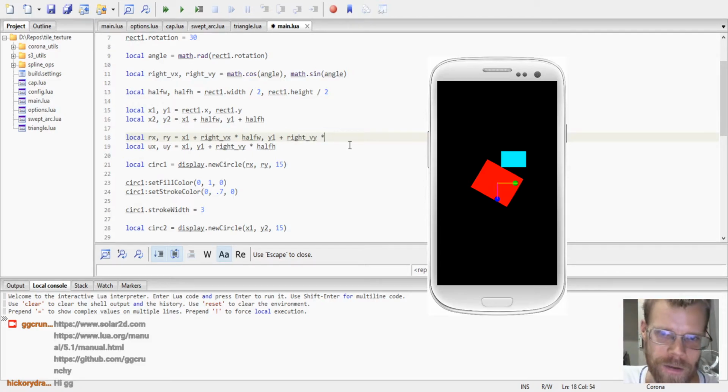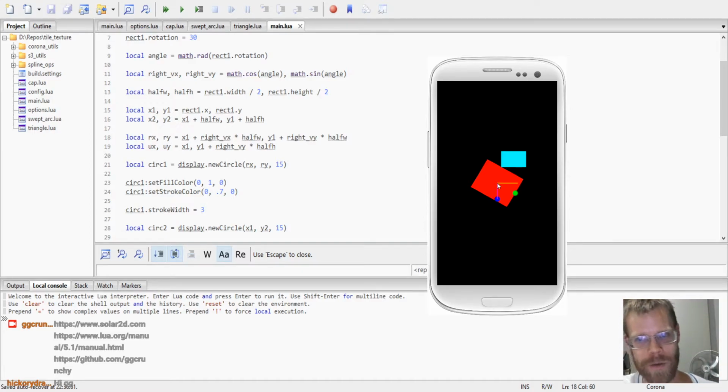I want the right angle, but I still want this. This should still incorporate the y component, but it should incorporate the half width. That's what I'm doing. There we go. So now it's because we are moving to the right, so we only want to incorporate the right vector, but we're moving by half the width to the right.